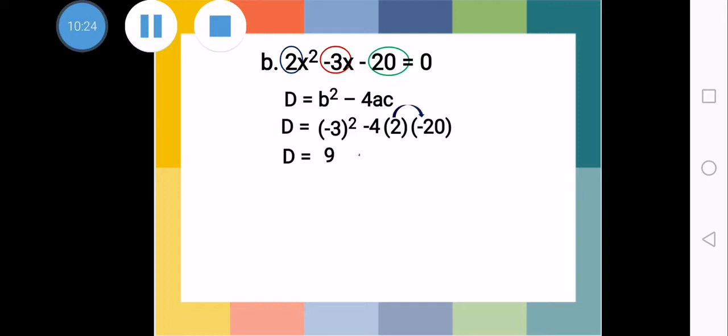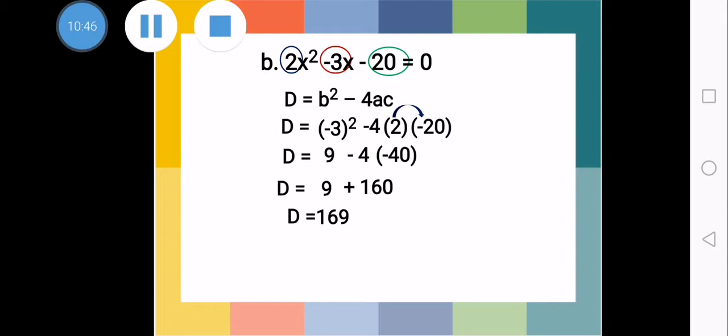So, negative 4. So, 2 times negative 20, so yan ay negative 40. Okay? So, 9. Negative 4 times negative 40 is positive 160. Kaya, ang discriminant po natin is 9 plus 160 ay 169.